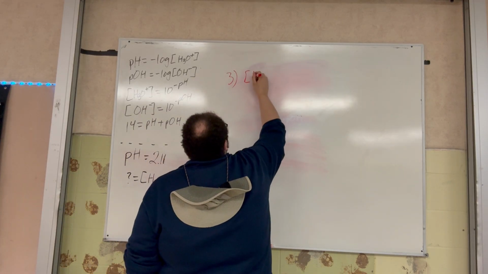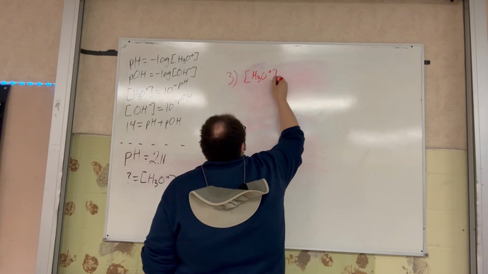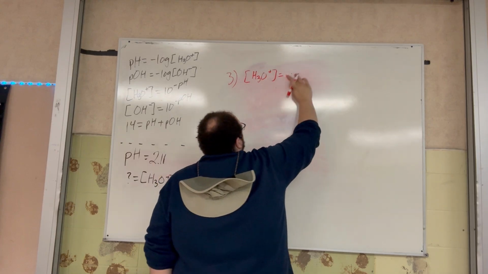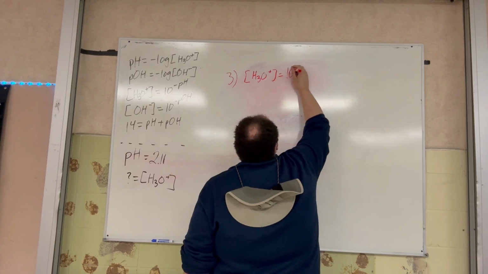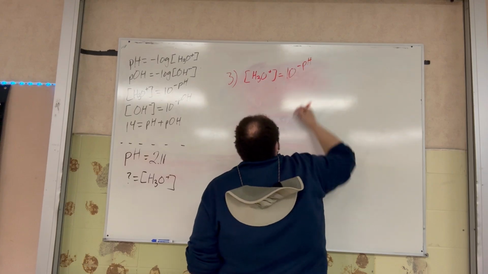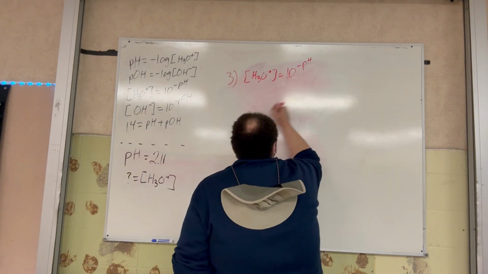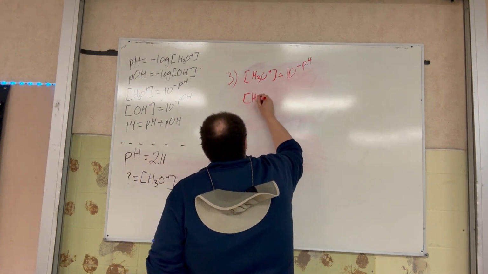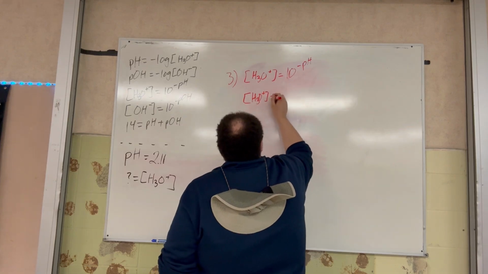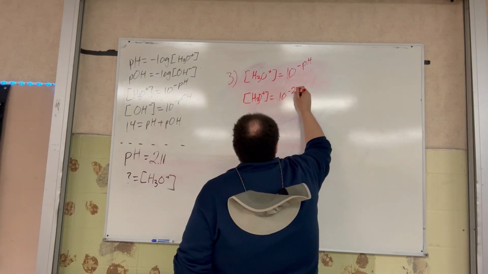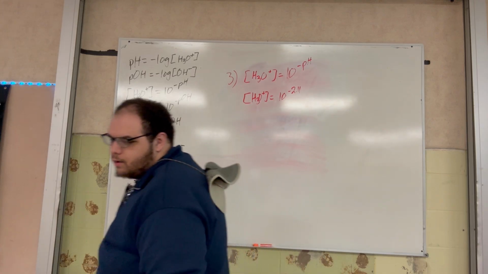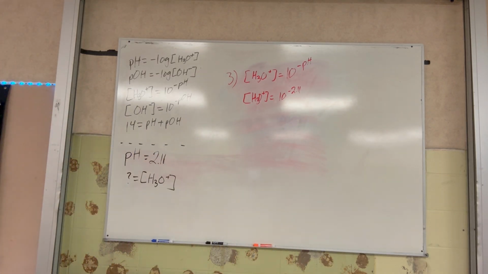Hydronium equals 10 to the negative pH. Don't overcomplicate it. Plug and chug for pH. Hydronium equals 10 to the negative 2.11. Plug that in your calculator and tell me what you get. 10 to the negative 2.11.